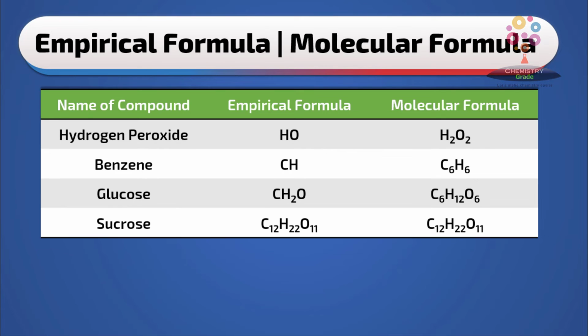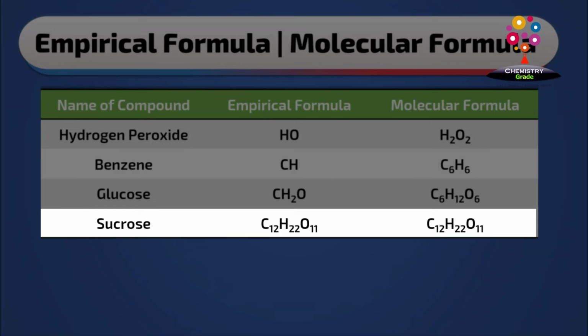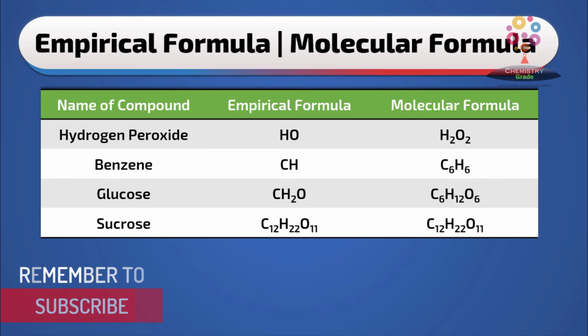But one thing that you should notice is in the case of sucrose, there is no change in empirical formula and molecular formula. The reason behind this is if you take the HCF, it doesn't match or it can't be further simplified, and the ratio is different for each of the atoms present in this particular substance.